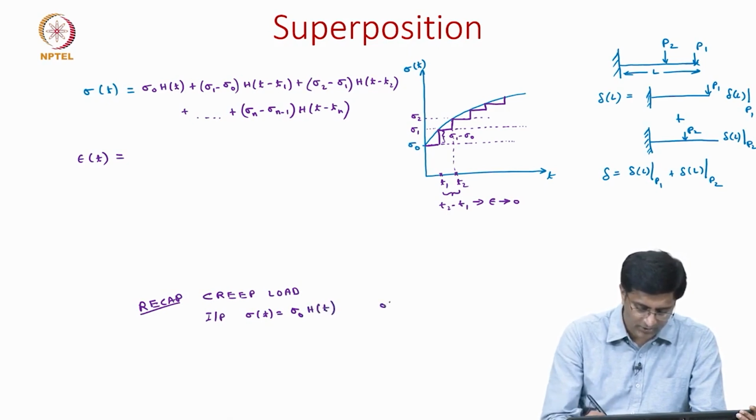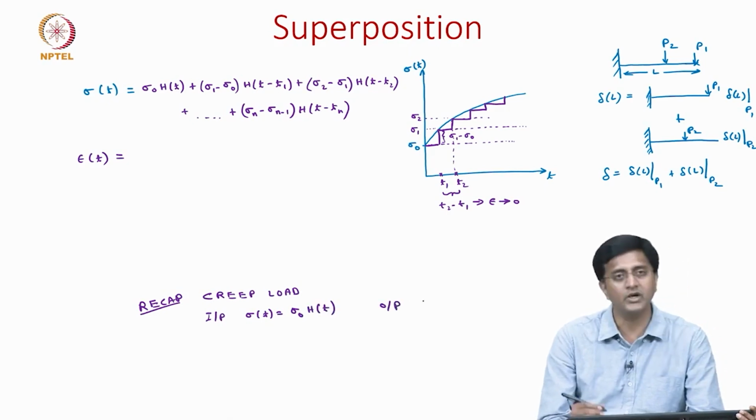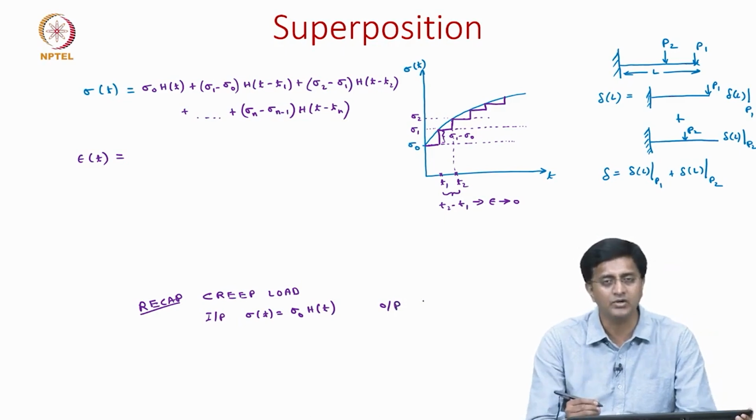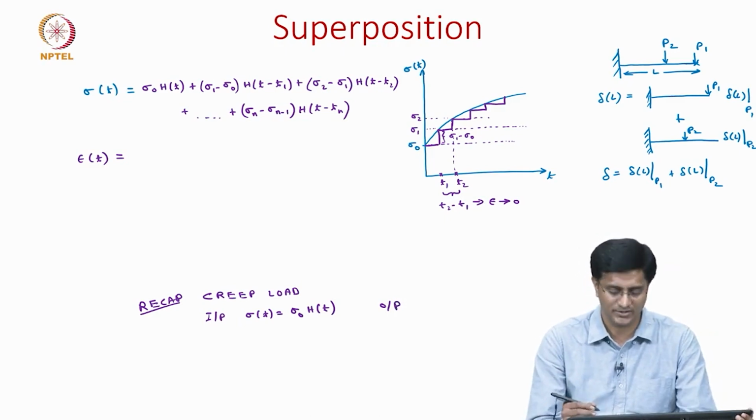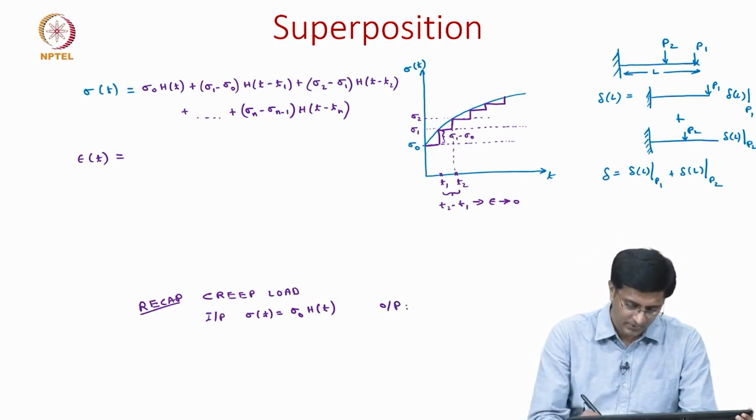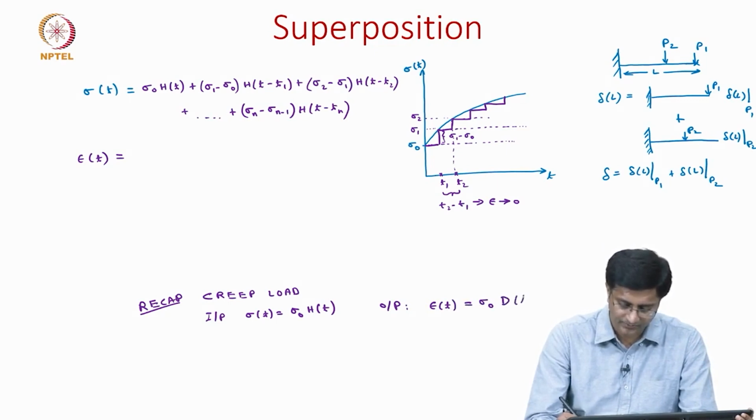And what did we say the output? The output we have written in terms of the creep compliance. So, strain is sigma naught times the creep compliance represented using D of t, right.